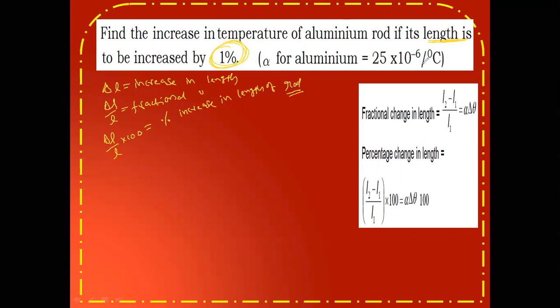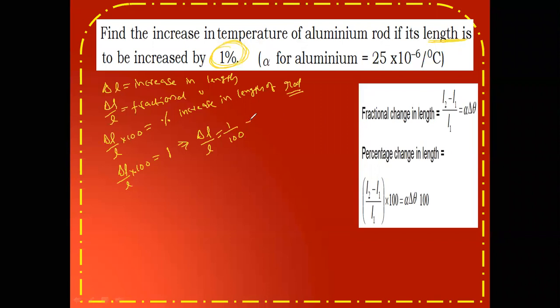Now what information did they give here? Delta L by L into 100 is equal to 1, since 1% they gave. So from this, delta L by L is equal to 1 upon 100.